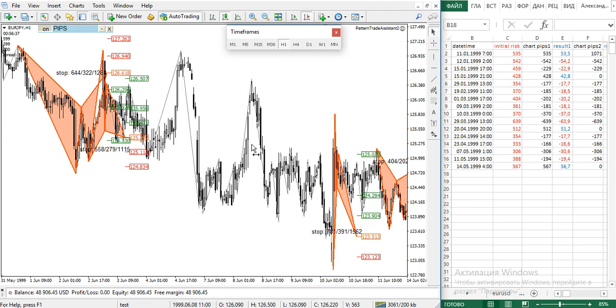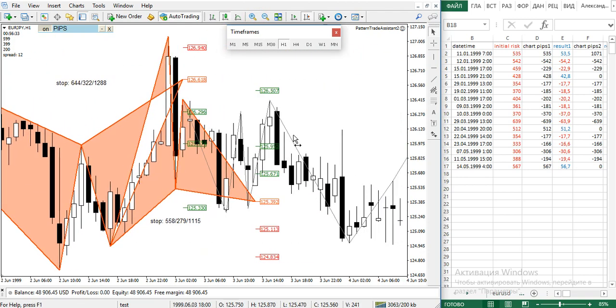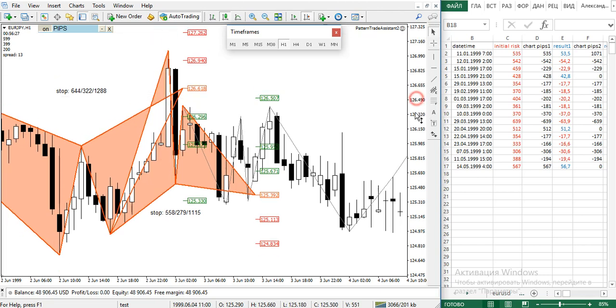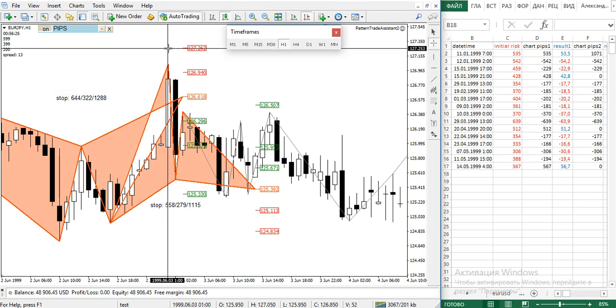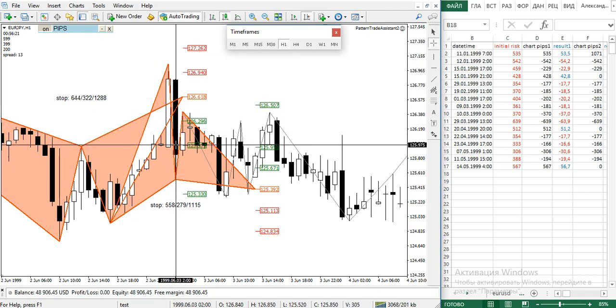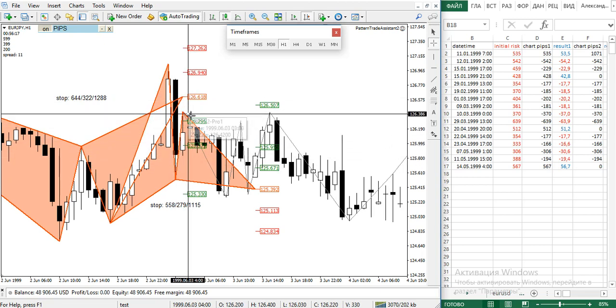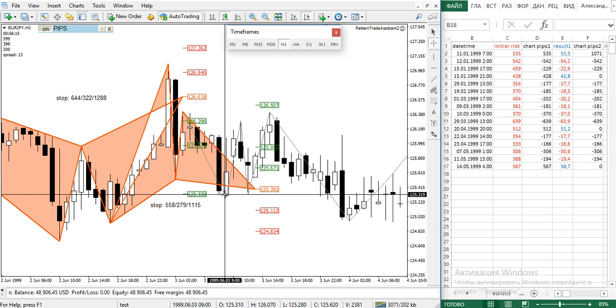The next pattern is the bearish one. Very simple, big candle. We do not hit the stop loss, initial stop loss of course. Then we reverse, and then we go to hit target 1. Then we reverse back. We do not hit the entry, and then we go to hit target 2.